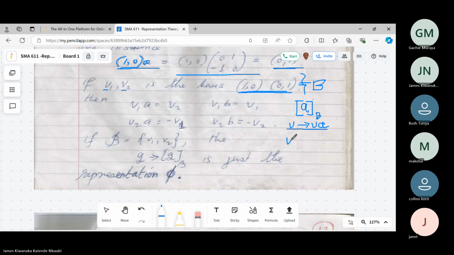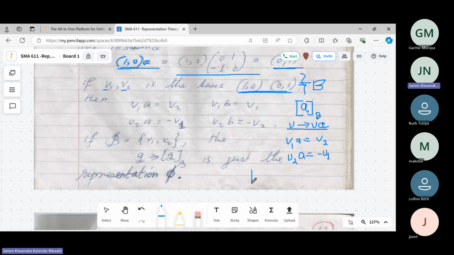So v1A is sent to v2. If you can check, we have seen that if you have v1A, it's sent to (0, 1). So v1A will be sent to v2. And v2A, you can check this by doing the multiplication yourself, will be sent to minus v1.